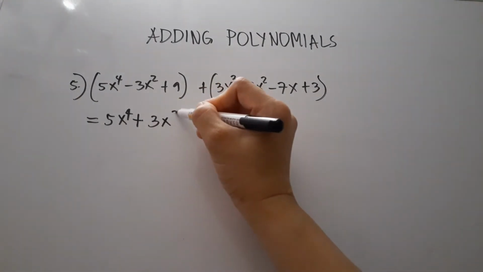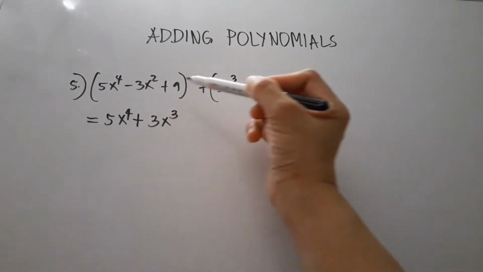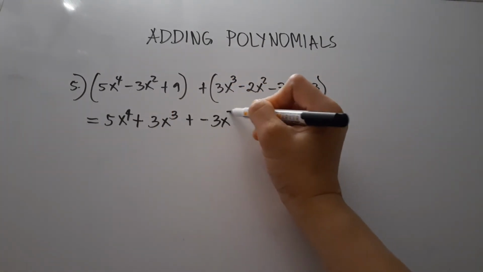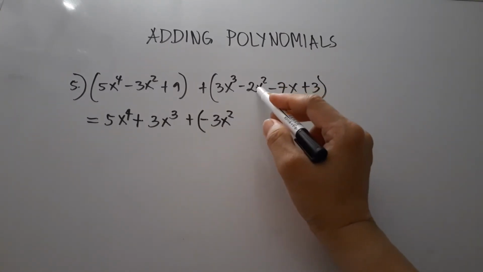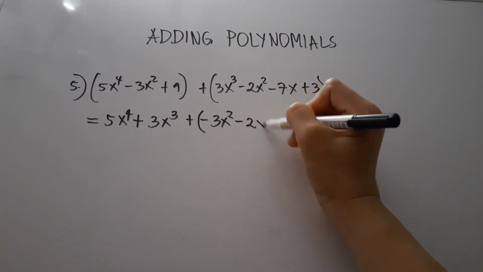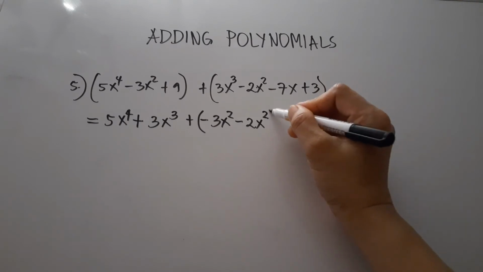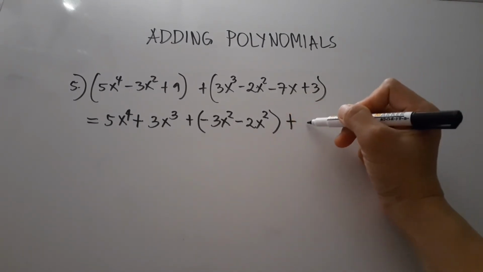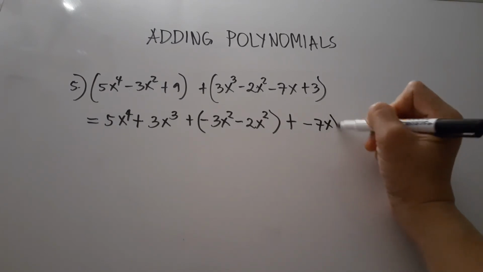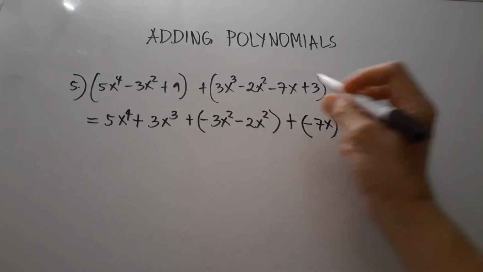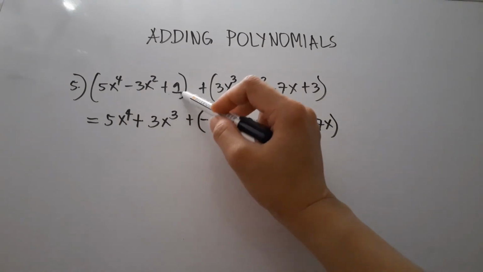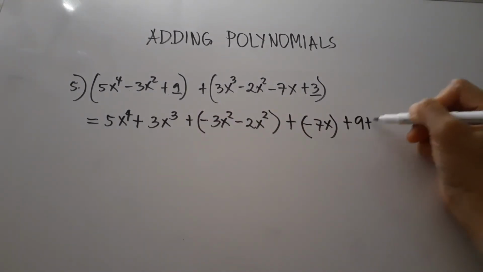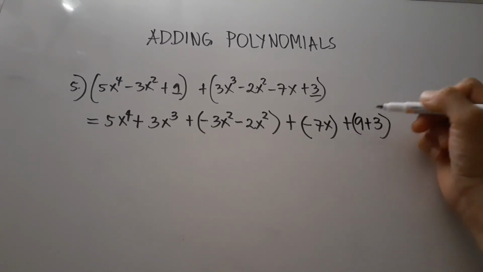Remember that there are no like terms, so we can write it down here, plus negative 3x squared. They have like terms, negative 2x squared, so we can add this one, plus, remember negative 7x has no like terms, so we can write it here, then positive 9 plus 3, which is the constant.